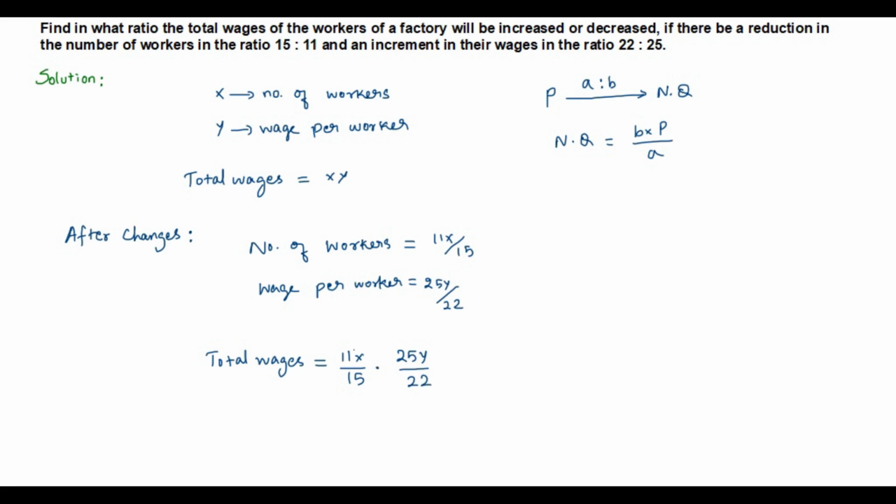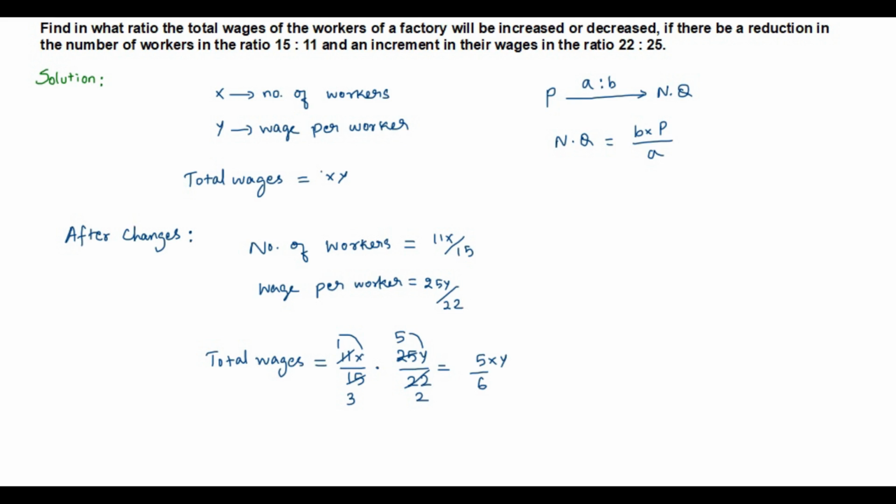Let's simplify this. 11 goes into 11 one time, 11 goes into 22 two times, 5 goes into 15 three times, 5 goes into 25 five times. That's all the simplification we can do. Here we have 1X, to be multiplied by 5Y. Then we get 5XY, and 3 times 2 is 6. So we get 5 divided by 6 times XY.